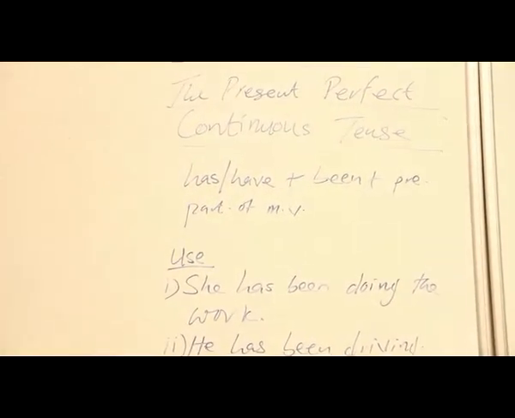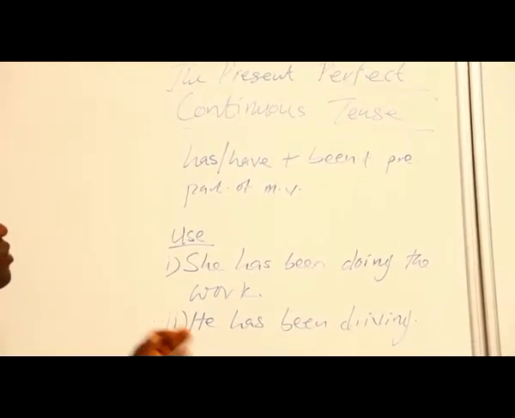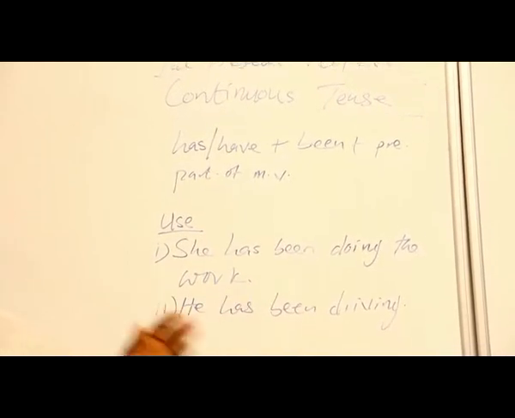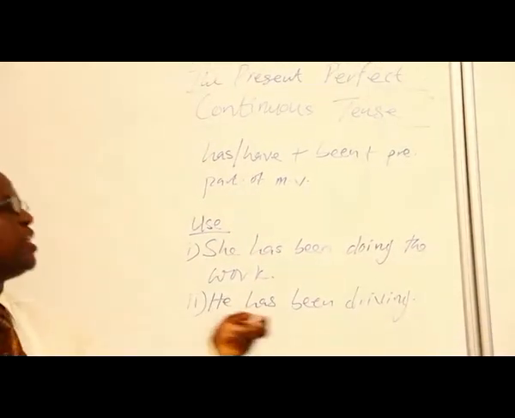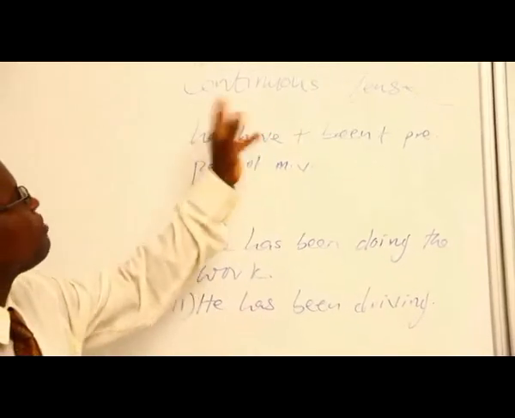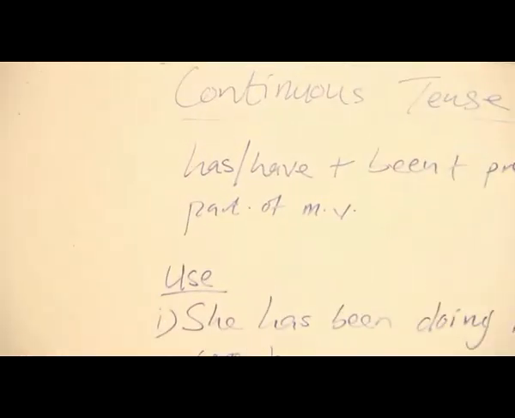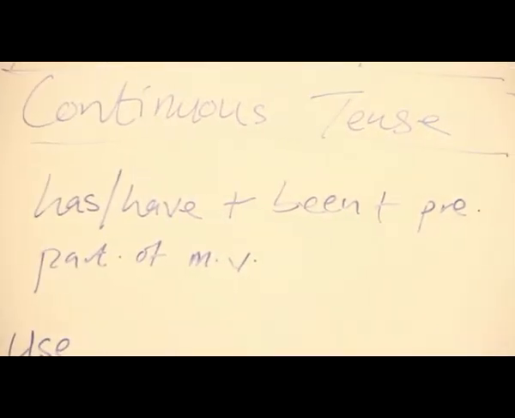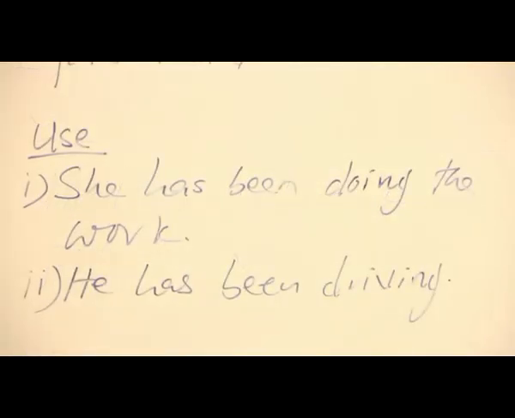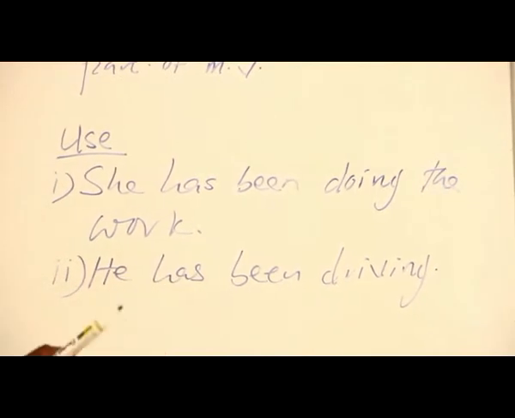But we want to recognize the fact that yes, even though it is close to the present perfect tense, there's a little bit more meaning conveyed when you use the present perfect continuous tense that differentiates it from the present perfect tense or even the present continuous tense. I am driving does not give us an indication that the action started in the past.